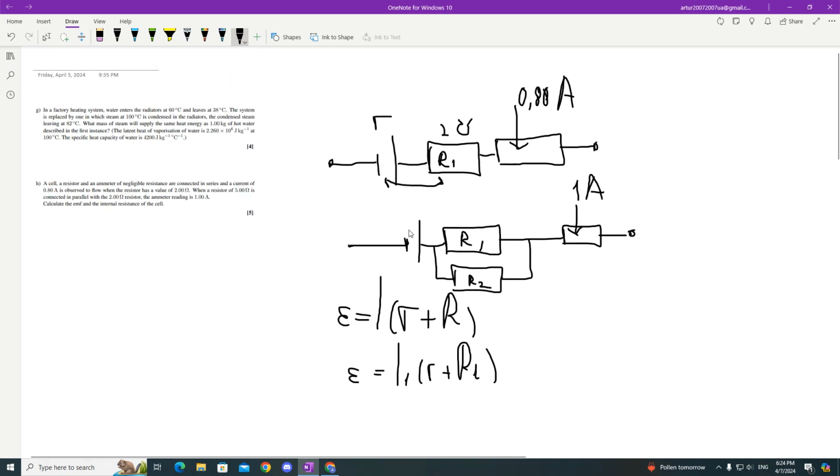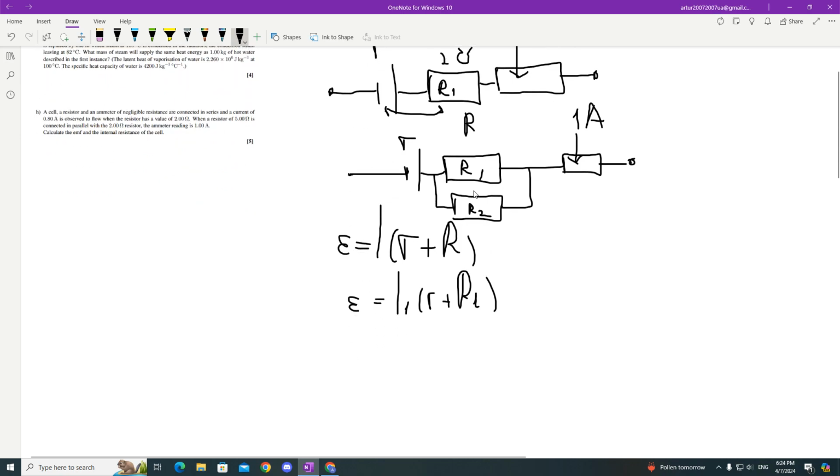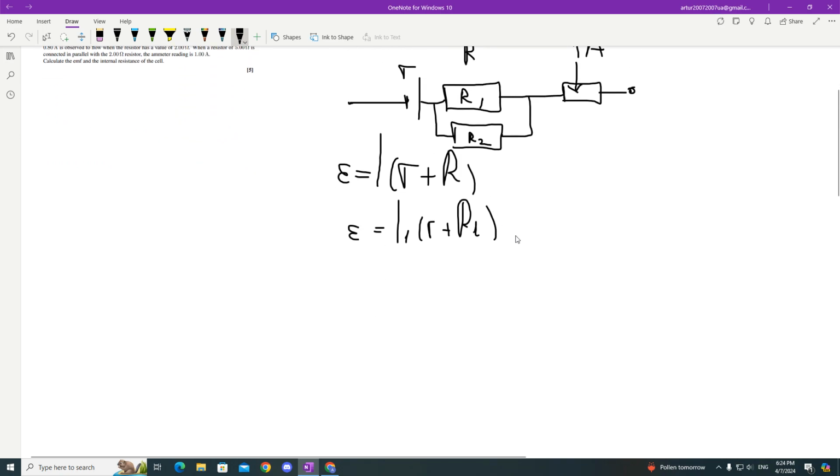In the second case, R and R total also add up, but this total is the sum of these two like for parallel resistors. So for the second circuit it is R plus 1 over (1 over R1 plus 1 over R2).